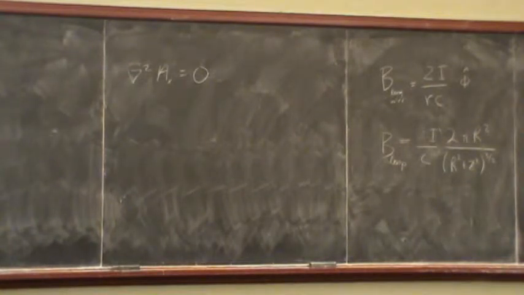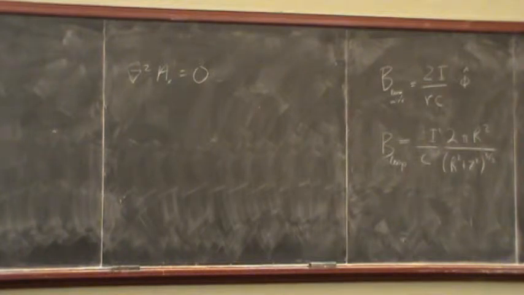Let's say this loop, now that's my z-axis, is at position z prime, and that loop gives me a field at position z. If the point that I'm measuring at is not set equal to 0, I need to know the distance here.